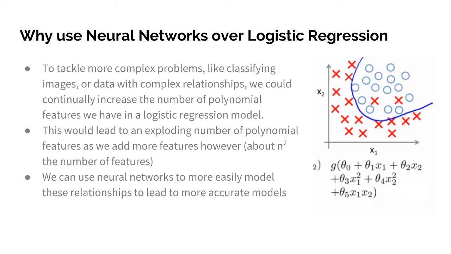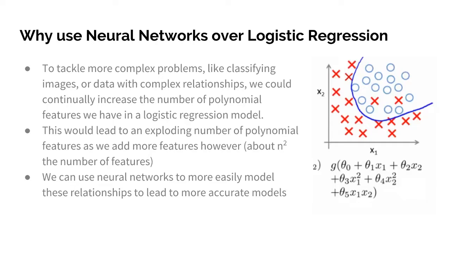if we have two variables in the data, x1 and x2, we can square them, we can multiply them together in order to get new input variables. But the problem with this is it would lead to an exploding, very high number of polynomial features as we add more features. So, let's say we want to have data points with 5 basic features.